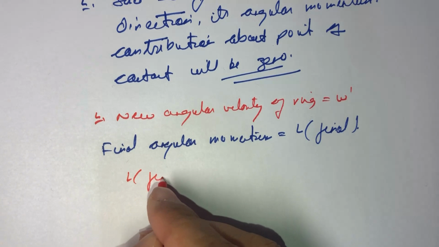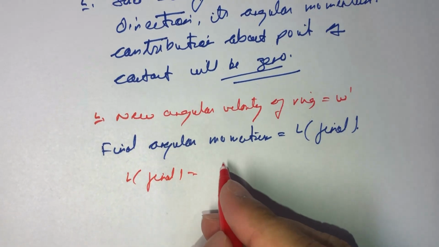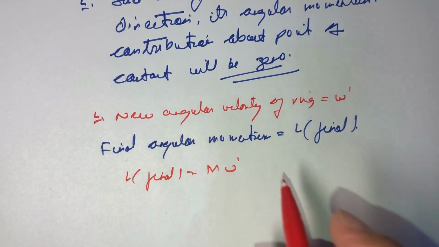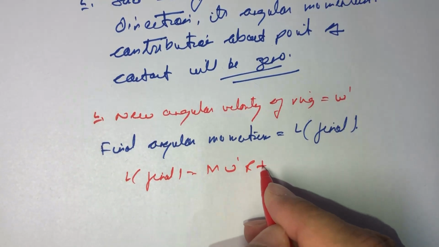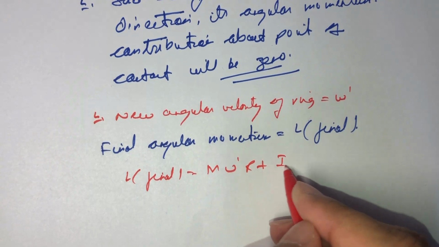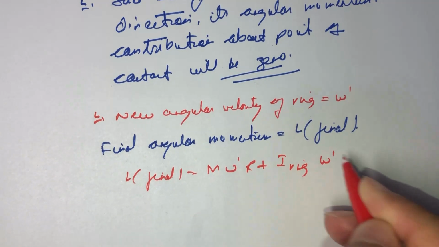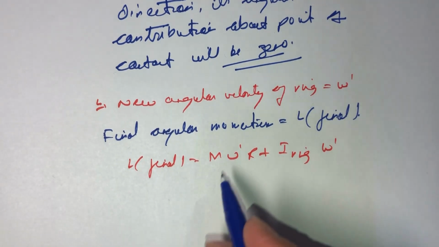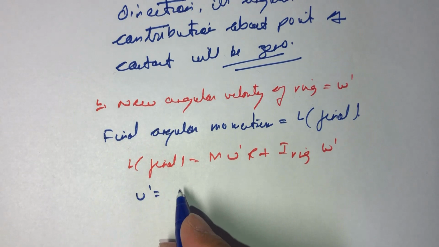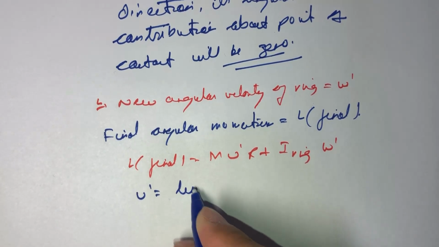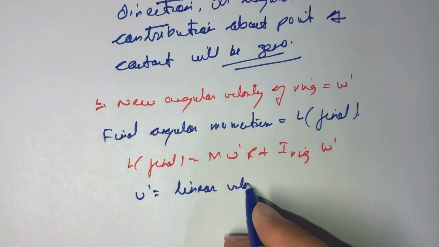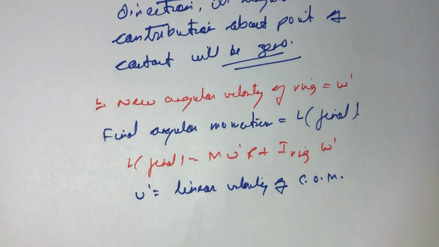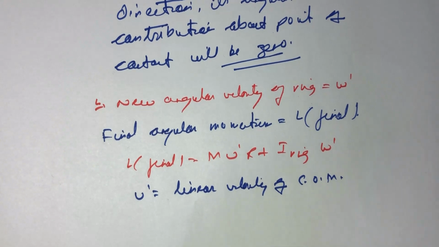So L final will be equal to mv prime, where v prime is the linear velocity of the center of mass after collision, obviously, plus I ring omega prime.